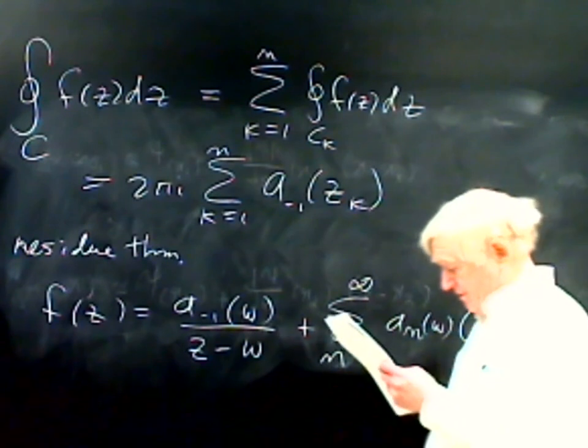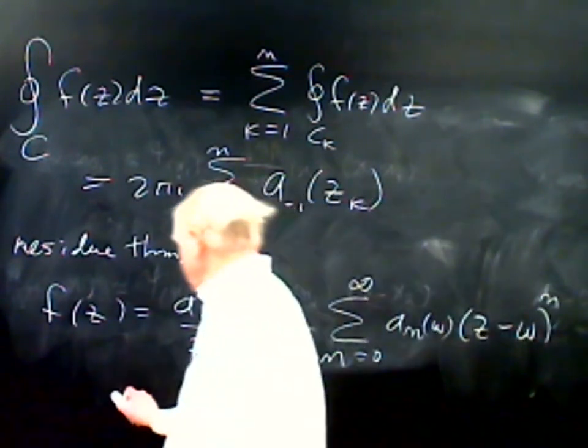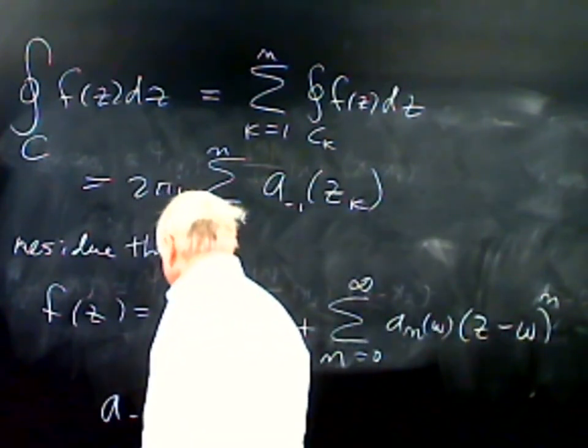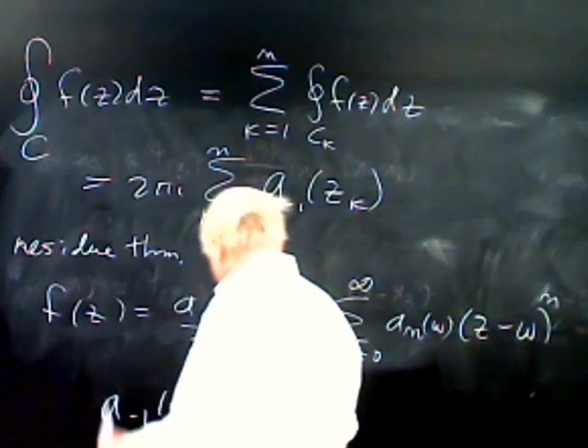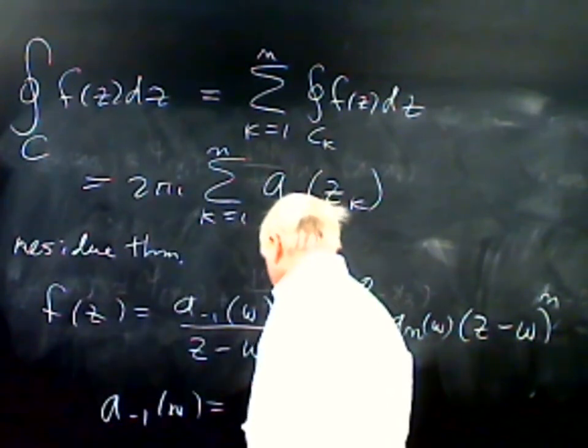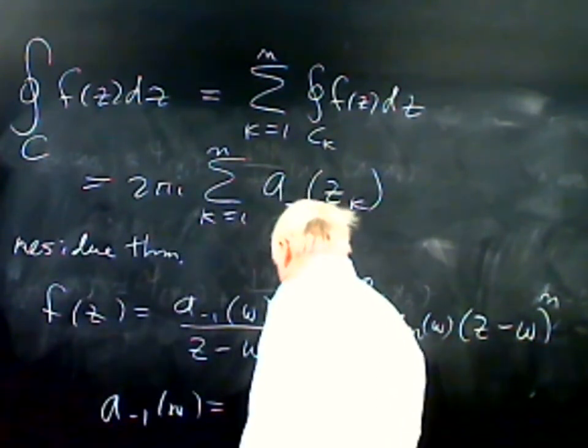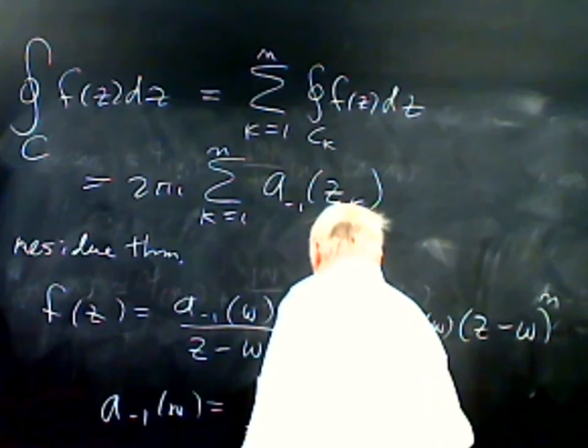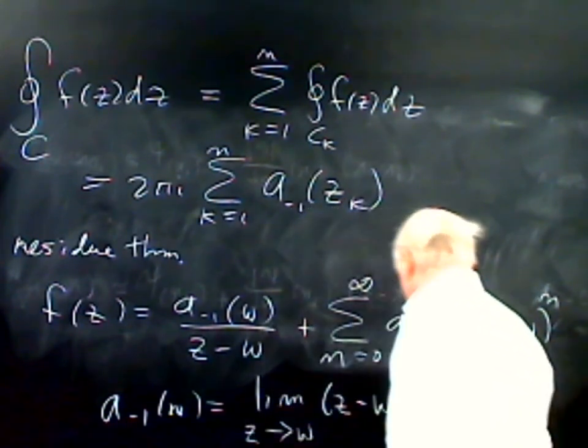Well, then the residue, a_{-1}(w), is simply the limit as z goes to w of (z minus w) times f(z).